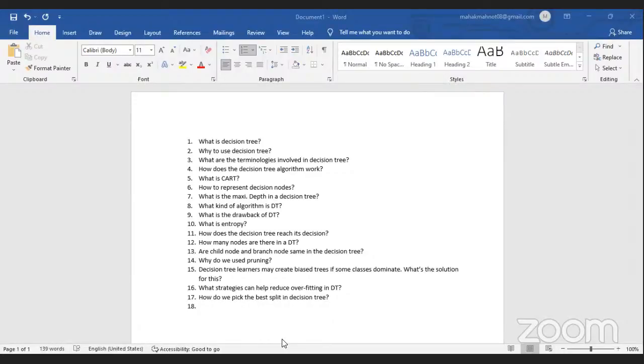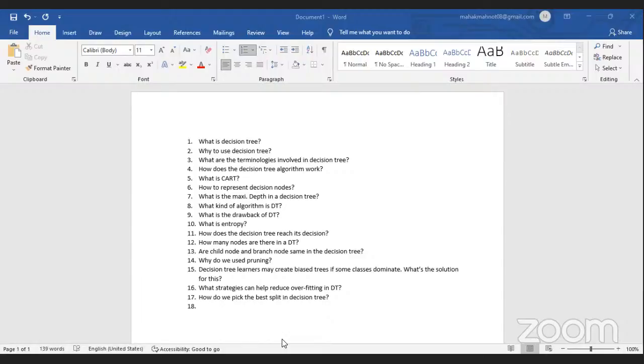How can we do that? Should we maximize the entropy or minimize it? We should go for minimization. Minimizing entropy is the key idea to pick the best split. Always go for minimizing the entropy. This will give you the best split in the decision tree.